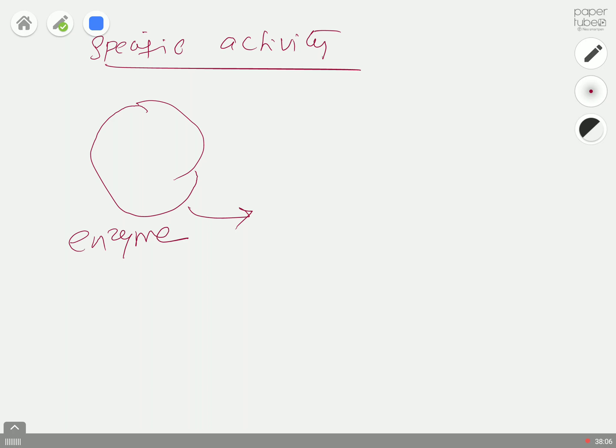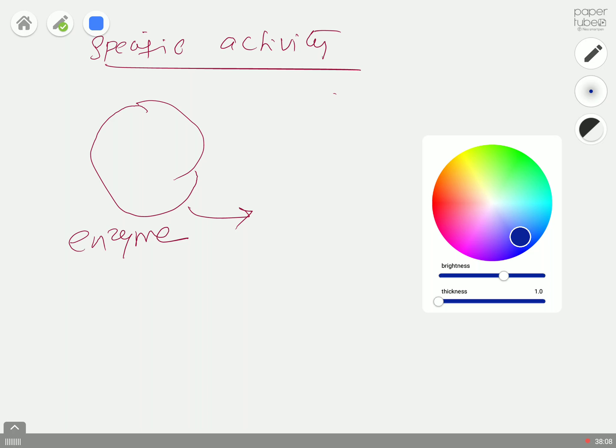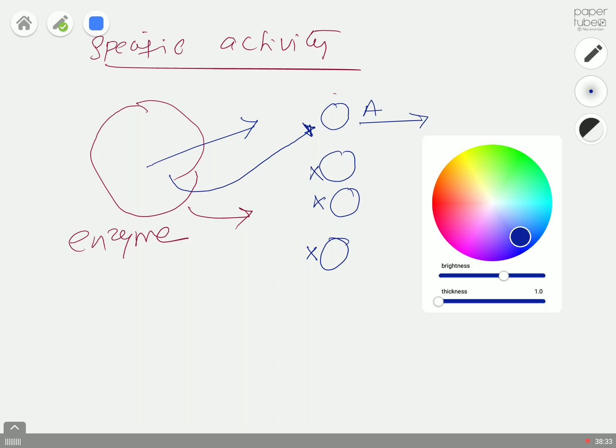Say you have reactant A, reactant B, reactant C, reactant D. They can act only with reactant A, not with B or C or D, because they are so specific. Enzymes are specific to only a certain type of molecule, so they consume only molecule A and convert molecule A into products. It won't even act on any of the other molecules.